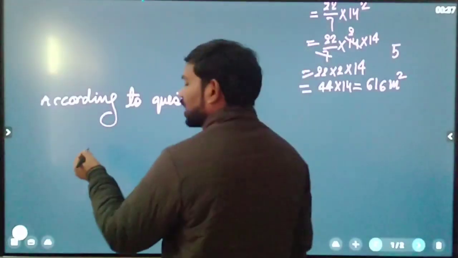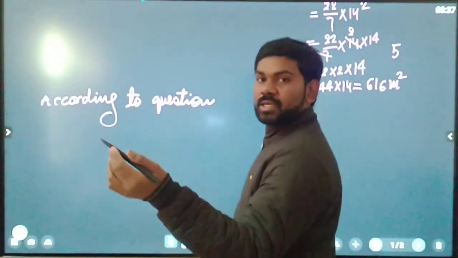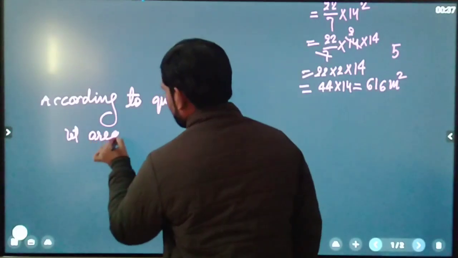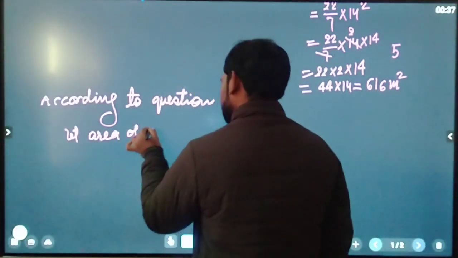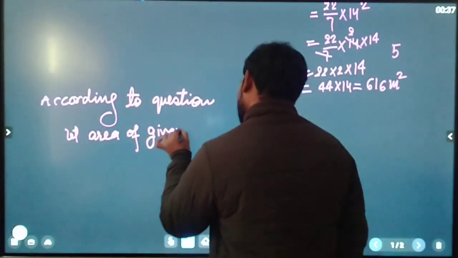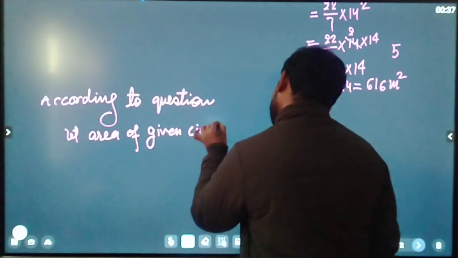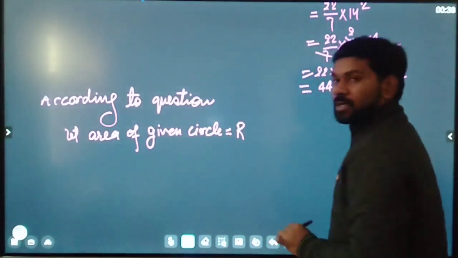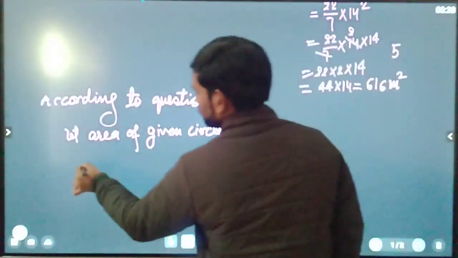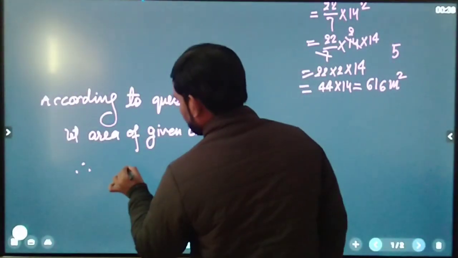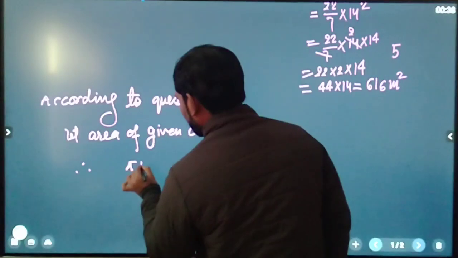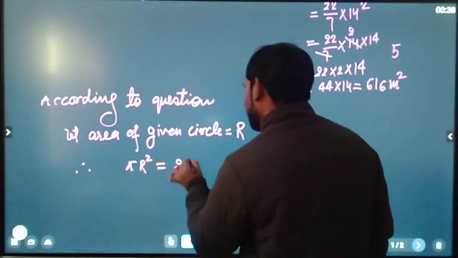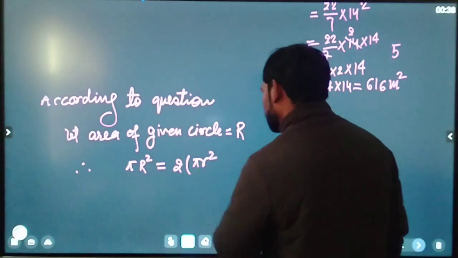Let the radius of the first circle be capital R. Therefore pi R square is 2 times pi r square.